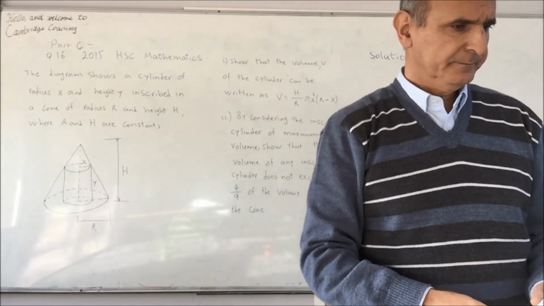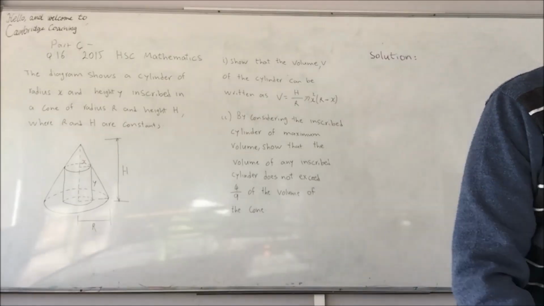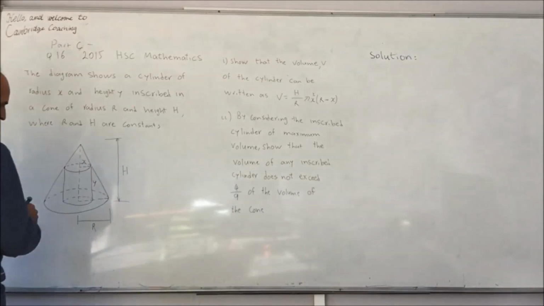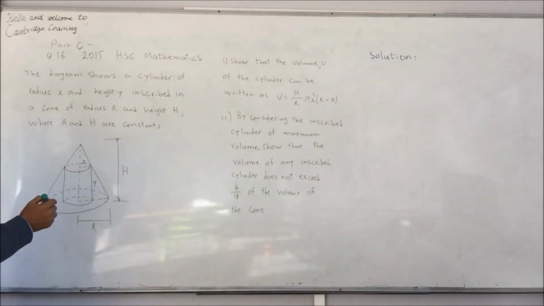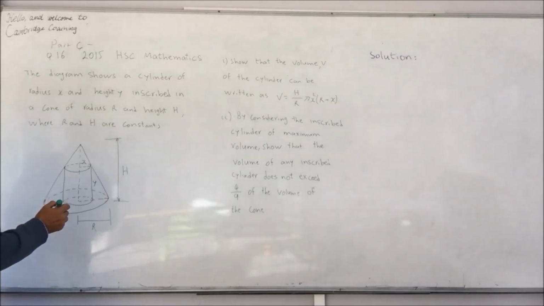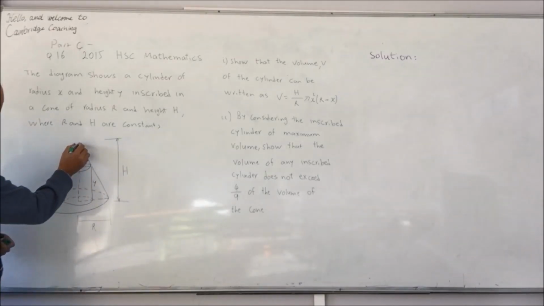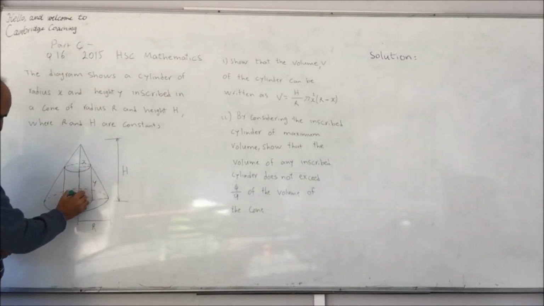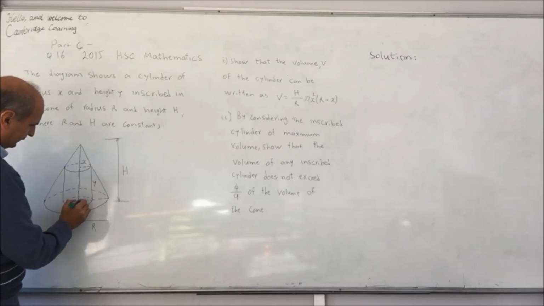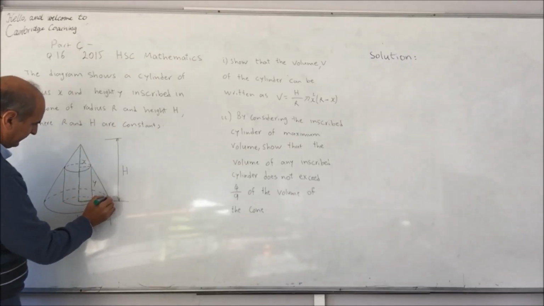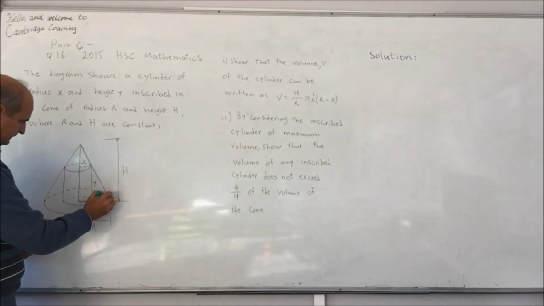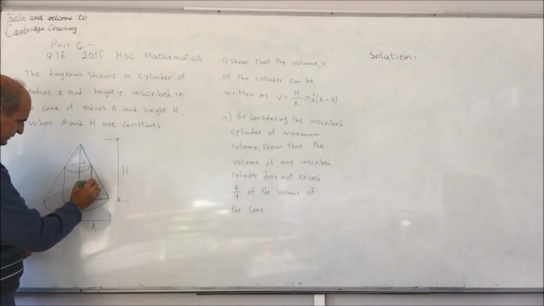To do that, we might look at this triangle, or these two triangles. This is one triangle, and this is this smaller triangle inside that.